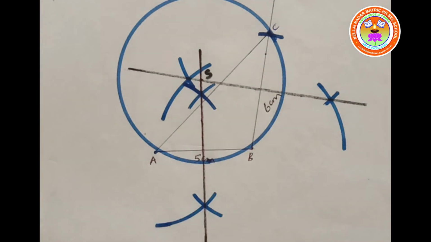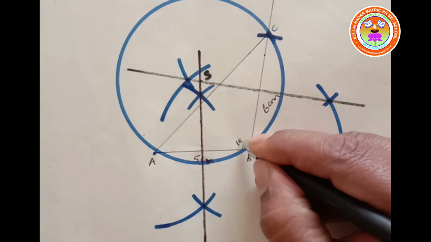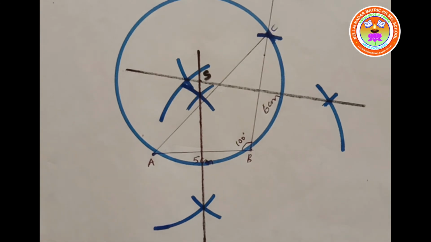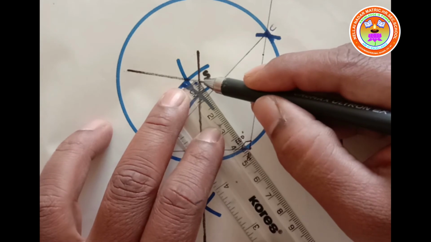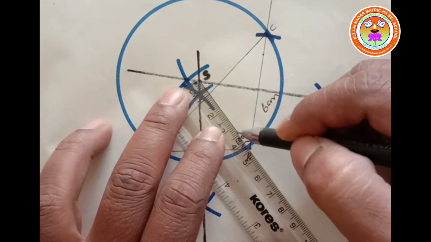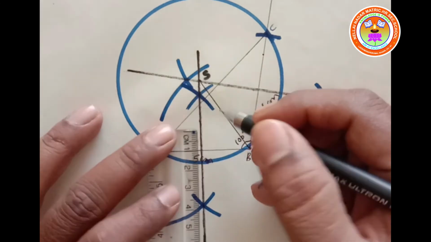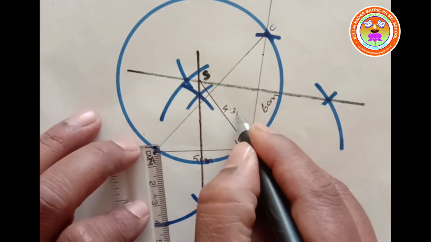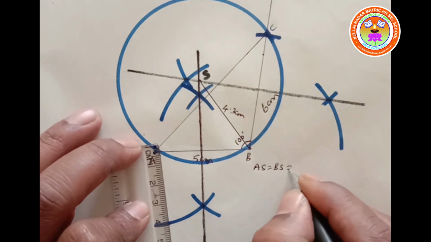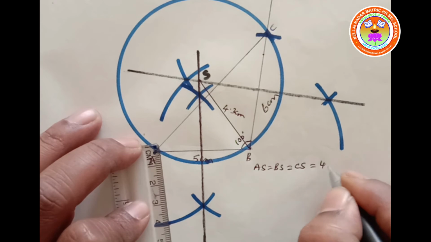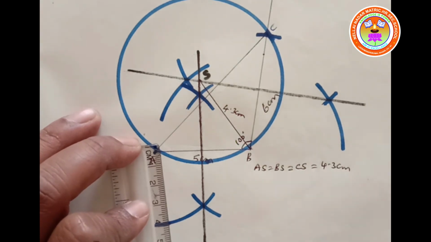It should pass through ABC. Now with the help of scale, join the line SB. The measure is 4.3 centimeter. So AS equal to BS equal to CS is equal to 4.3 centimeter. It's clear, children?